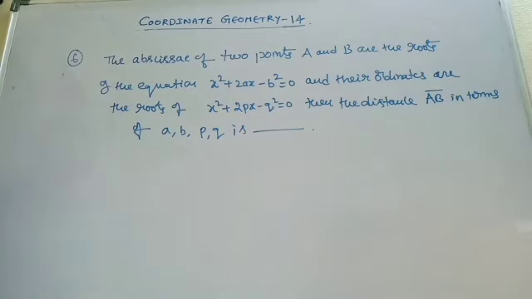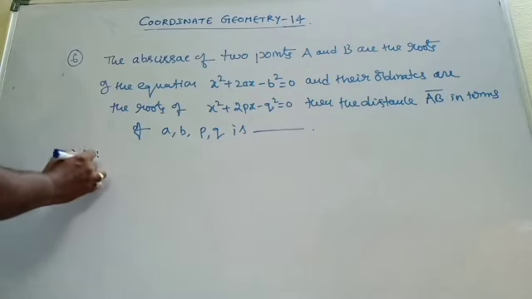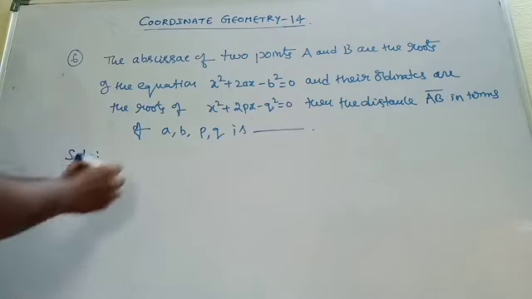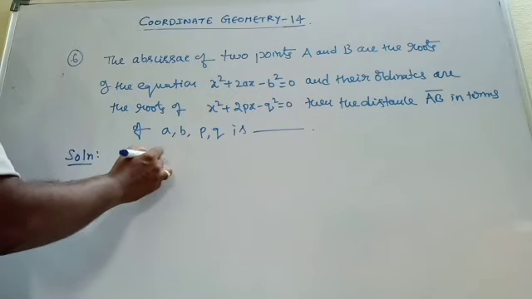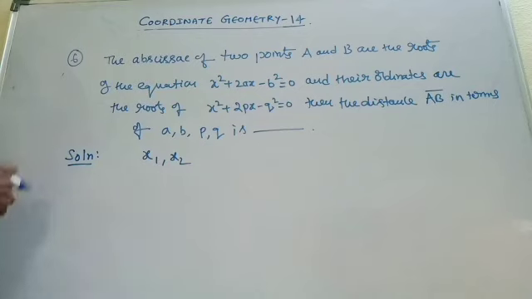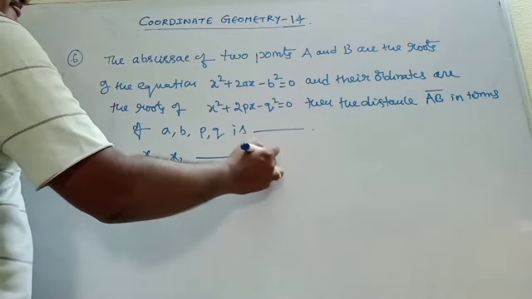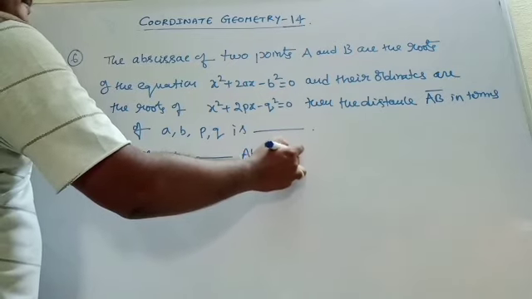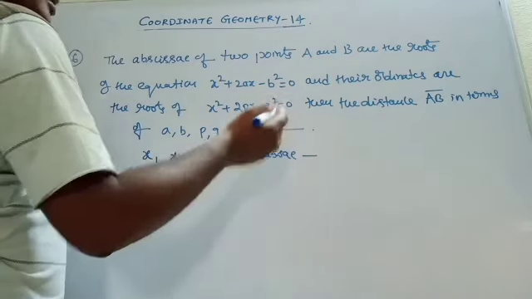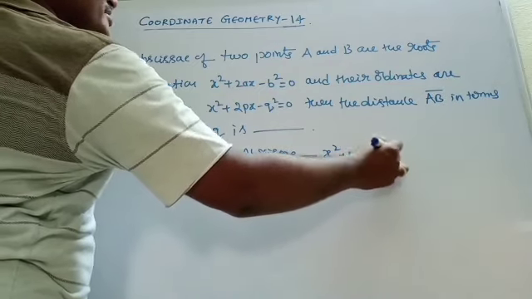My dear students, how are we going to proceed with this problem? They gave that abscissae of 2 points. Let us take the abscissae, meaning x coordinates, as x1 comma x2, and they are the roots of x square plus 2ax minus b square equal to 0.